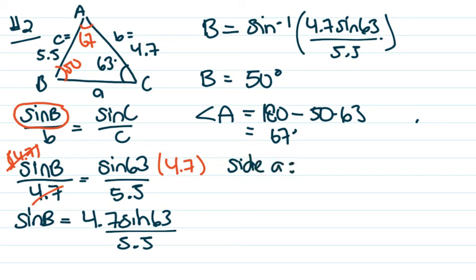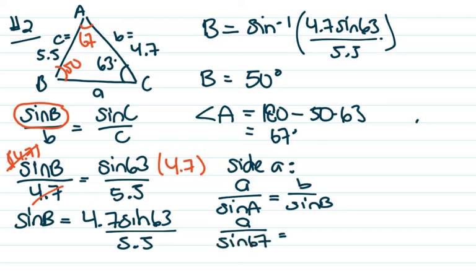Side A, we can either use the ratio of the B's or the C's because they're both complete. They'll both give us the right answer. Let's use B in this case. So we're missing A, and we have sine A over A equals B over sine B. So A over sine 67 equals B is 4.7 over sine B is sine 50.